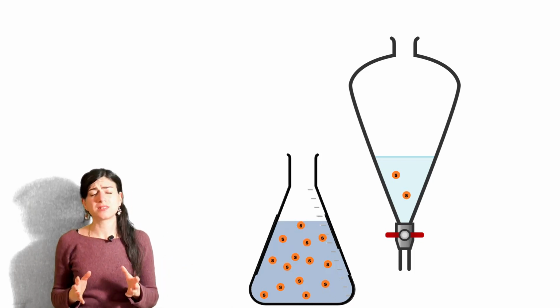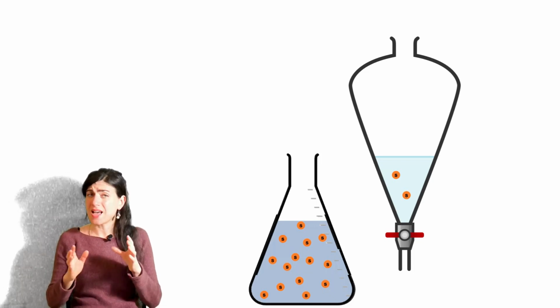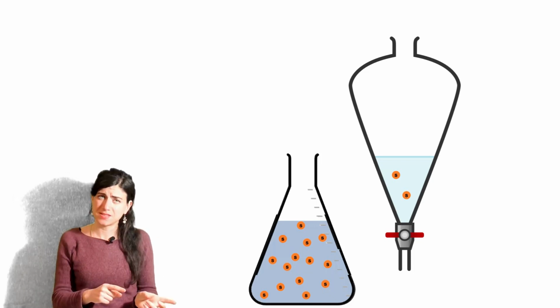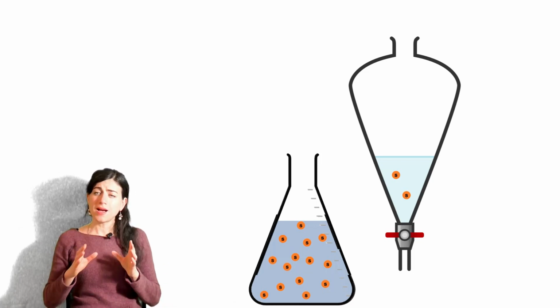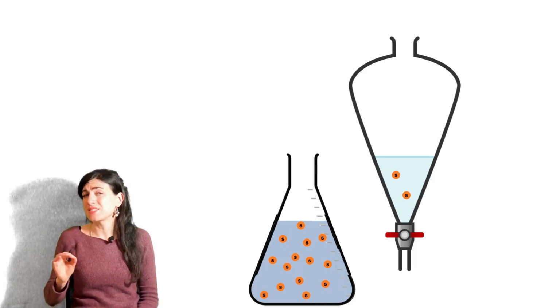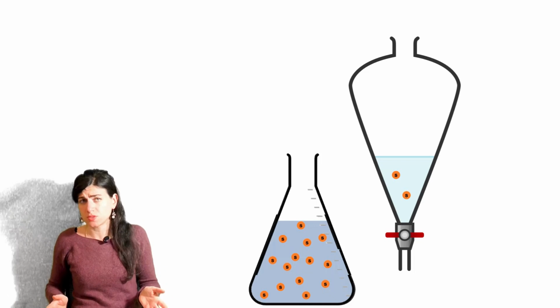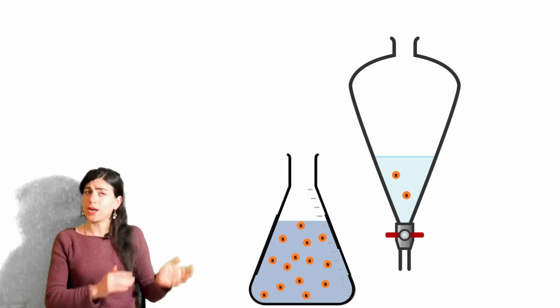And it's evident now that I have a large amount of my substance S in my flask with the solvent B, while I have depleted or almost exhausted the substance S in the solvent A. So I have achieved what I wanted, to transfer my substance to another solvent.